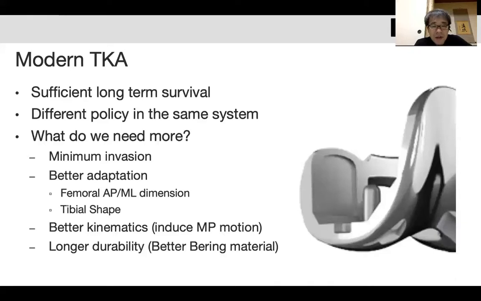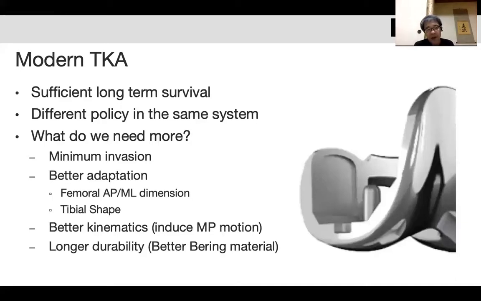And better kinematics. Currently we are focused on how to induce medial pivot motion along with posterior roll back motion. It is quite easy to induce posterior roll back motion in the PS because the post and cam mechanism can induce roll back quite easily.